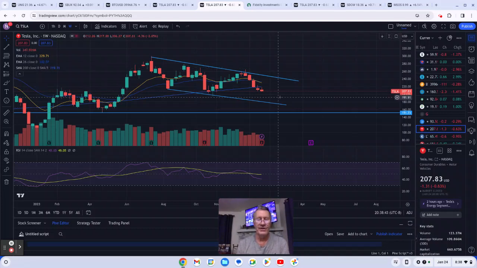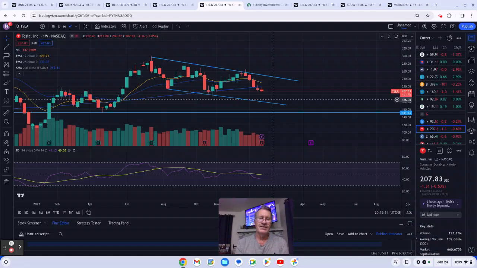We need to get oversold on the weekly chart to find some sort of a temporary bottom, maybe. And that's going to bring us down, most likely, to the next level, probably around 175, somewhere in that area. Because then the weekly will be oversold for the first time. Generally when something gets oversold for the first time in a very long time, then usually there's going to be some kind of a reaction.